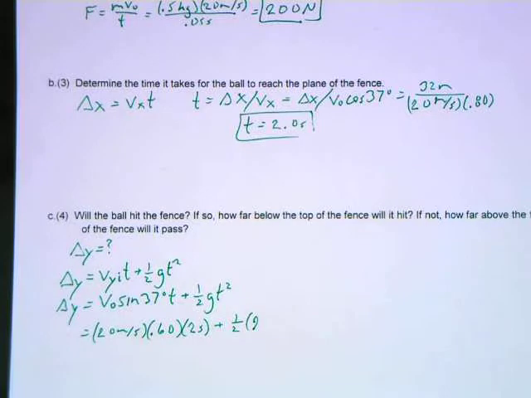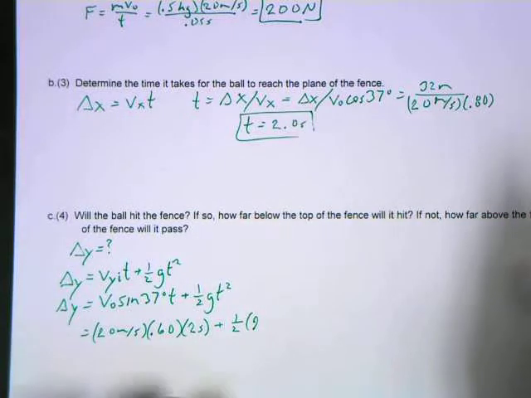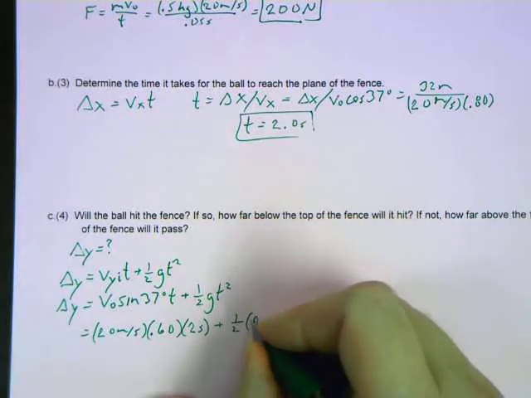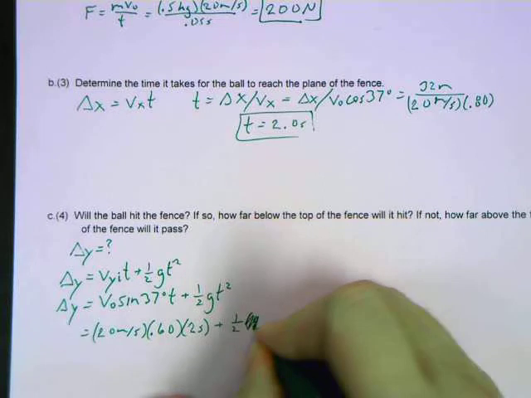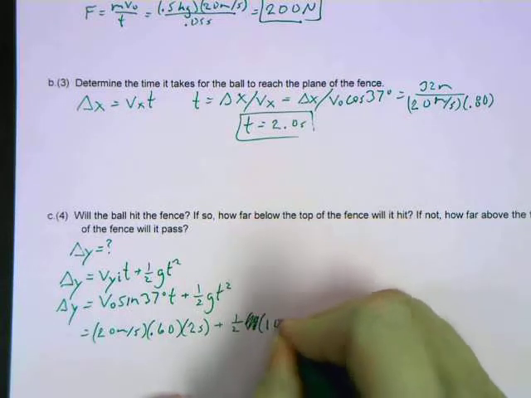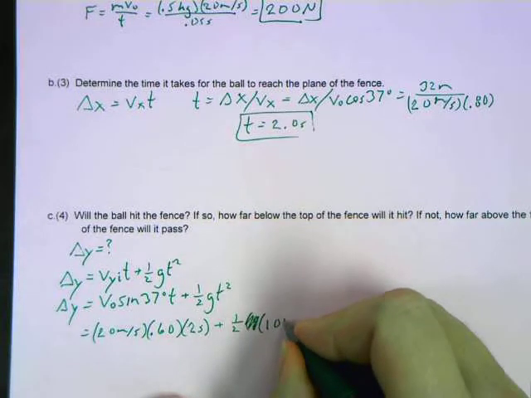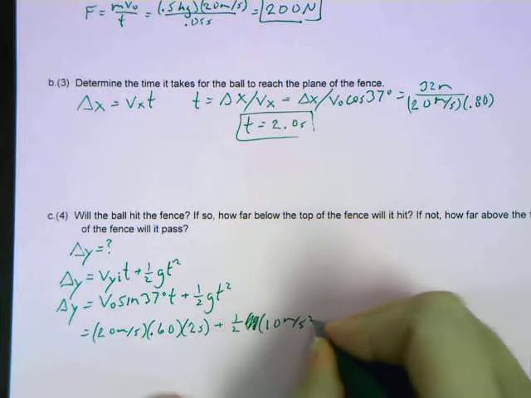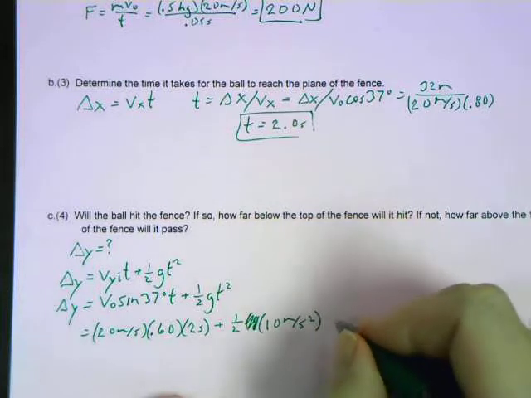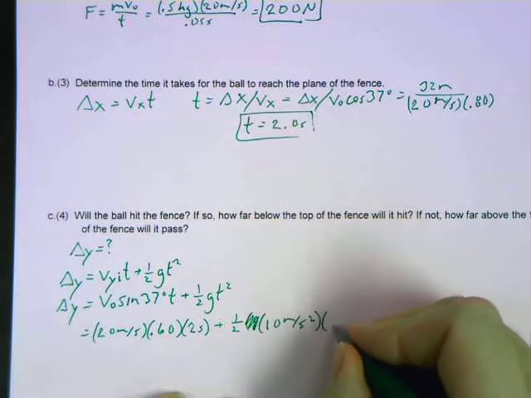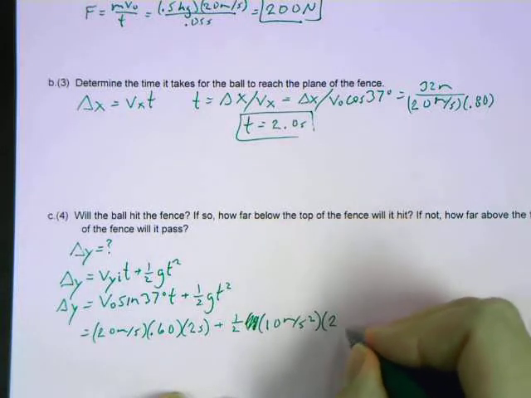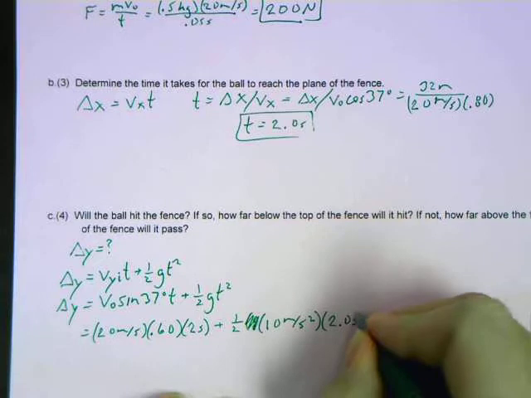Actually, now that I'm thinking about this, since this was pre-calculator time, they probably requested at the beginning that you use 10.0. So I'm going to change that over to 10.0 meters per second squared, multiplied by our time of 2 seconds.